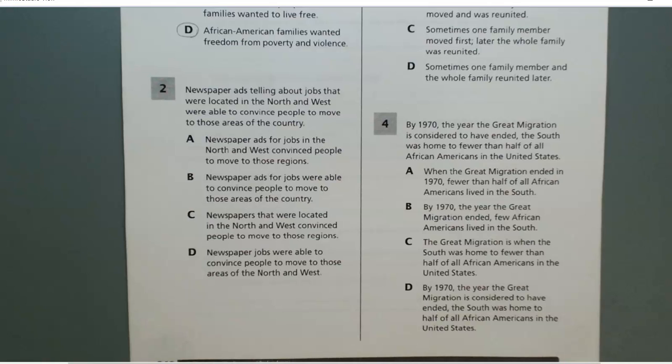Okay, well hold on, because none of our answer choices say telling about jobs. So maybe let's look at our answer choices. A, newspaper ads for jobs in the North and West convinced people to move to those regions.